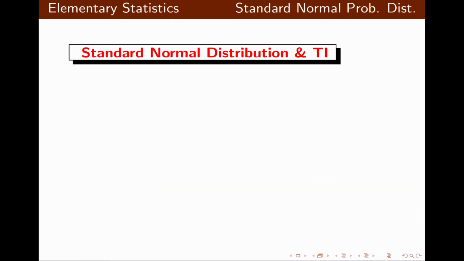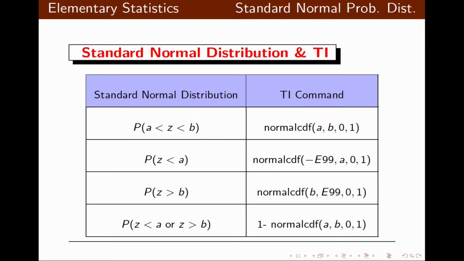So how are we going to use TI in order to work with standard normal distribution? Here are all possible cases when we want to find probability that z is between two numbers. Is z less than one number? Is z greater than another number? In any way, these are all the possible cases.